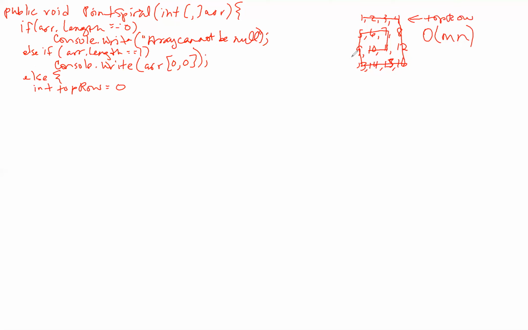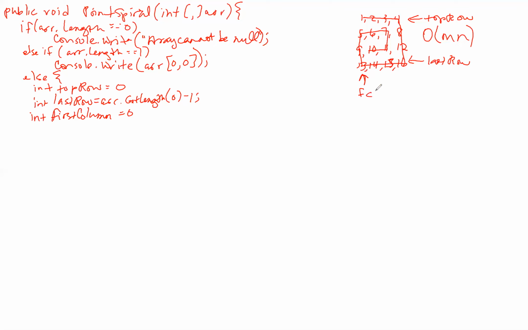We're going to want to have our last row, and that is going to equal, I think it's get length of 0 for the rows, minus 1. And then we're going to have a first column, and that's 0.